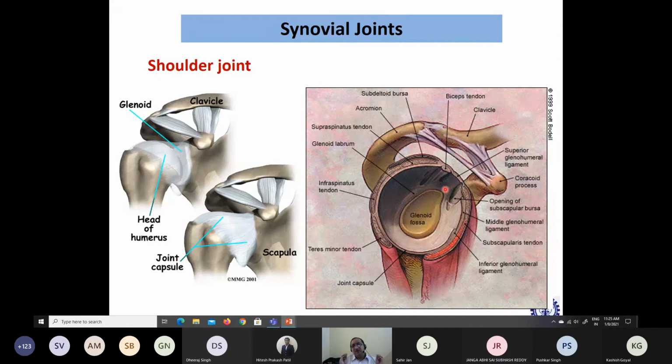The upper limbs provide more mobility but are less stable. Moving down the body, the lower limbs, hip and knee, provide more stability, carry more of the body weight, and are less mobile. So in the upper limbs you have more mobility and less stability; in the lower limbs you have more stability and less mobility.